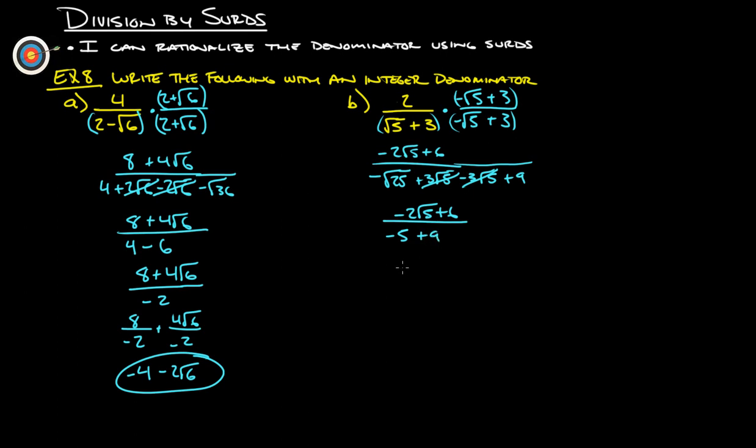So we get negative 2 root 5 plus 6 all over 4. All of these can be evenly divided by 2, so 2 root 5 over 2 is just root 5, 6 divided by 2 is 3, and 4 divided by 2 is 2. That's our simplified version.